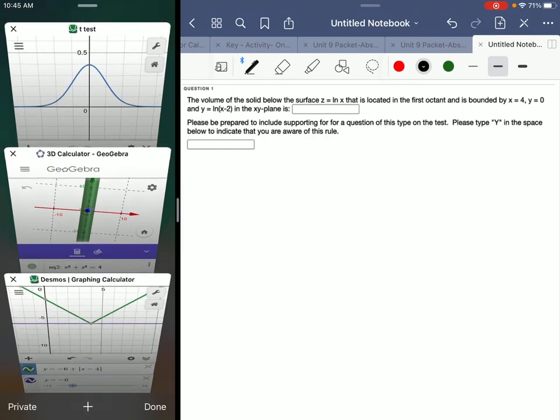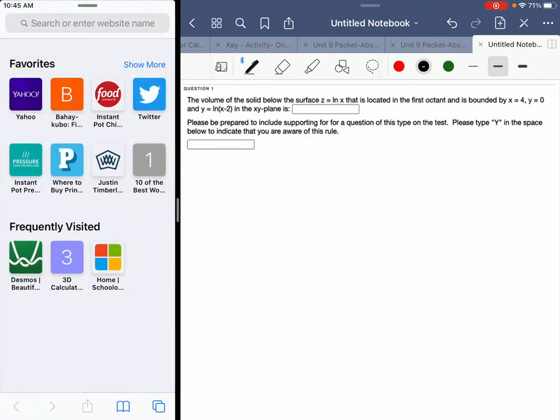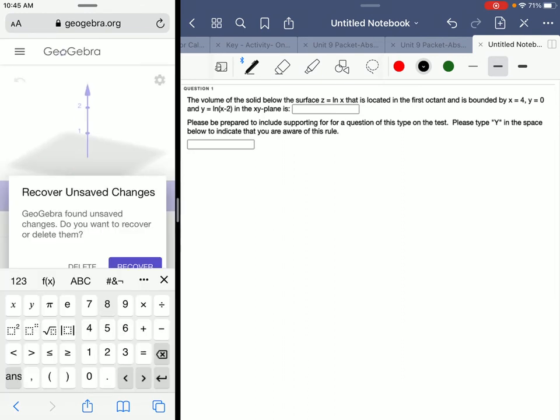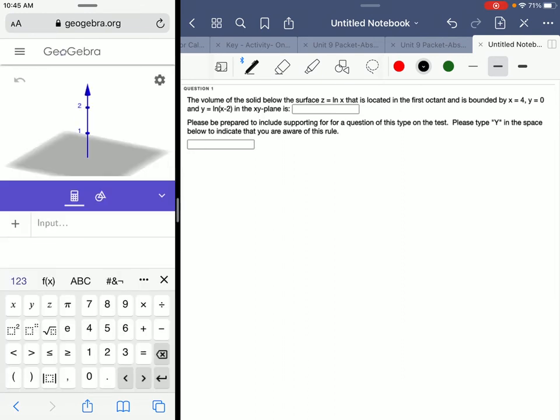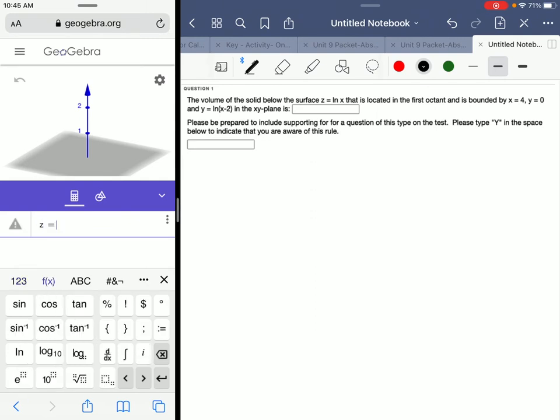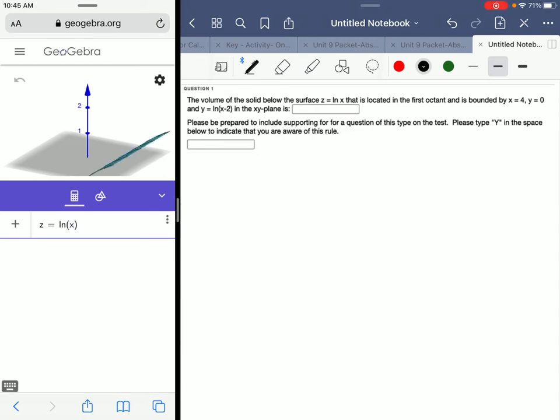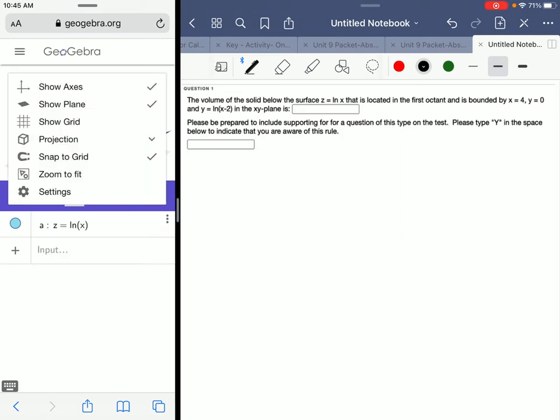All right, so we can get a look using GeoGebra at z equals the natural log of x. As you know, I don't love the plane.